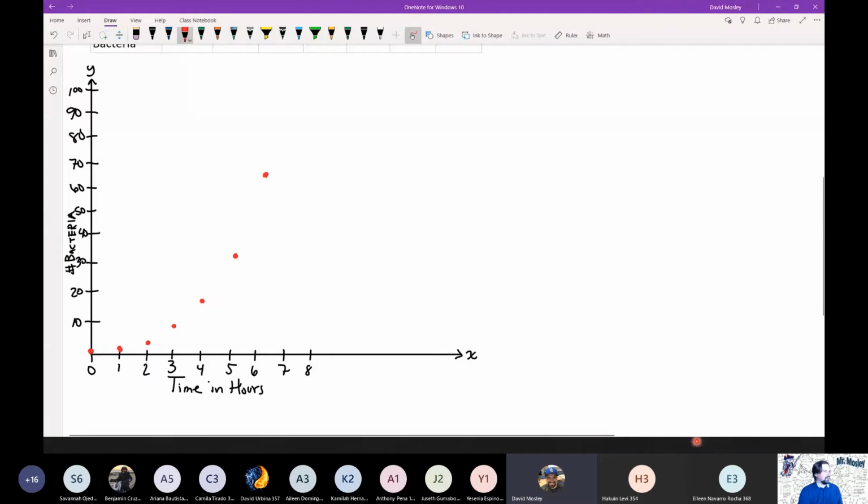So then we can kind of connect our dots here. And this becomes a nice smooth exponential curve. And we can just kind of show that this is going to go way up.